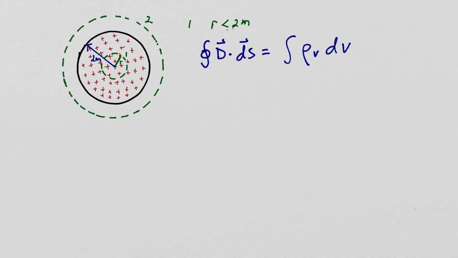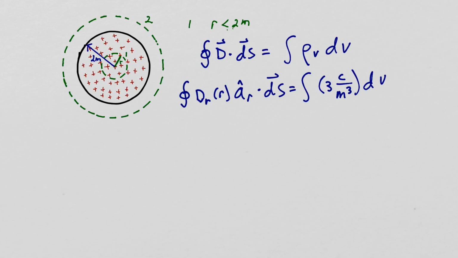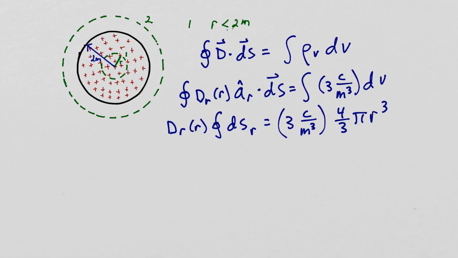Let's first look at region 1, when the radius of the Gaussian surface is less than 2 meters, and apply Gauss's law. We substitute in the form of our electric flux density field and the value of our volume charge density.